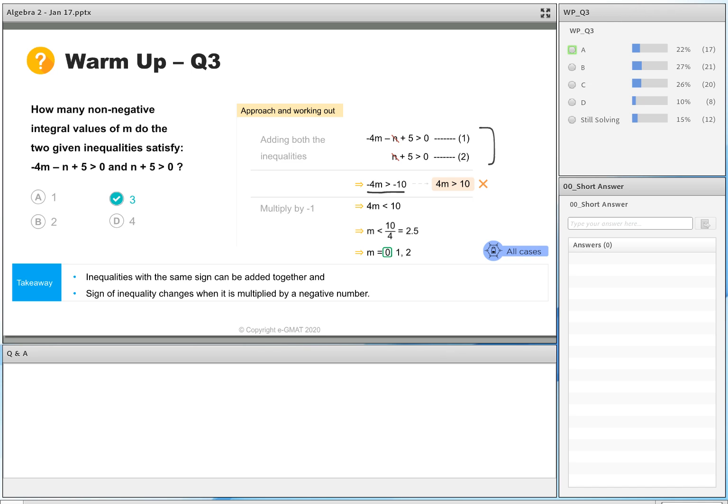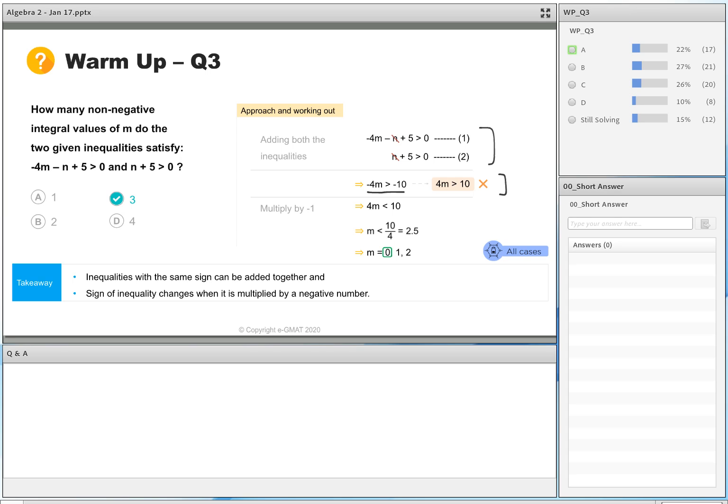Now, this is a mistake that a lot of people would make. That is, essentially you cancel off the negative signs, but we cannot randomly cancel off negative symbols when we are working with inequalities. When we are canceling off the negative symbols, it essentially means that we are multiplying the entire inequality with minus 1.